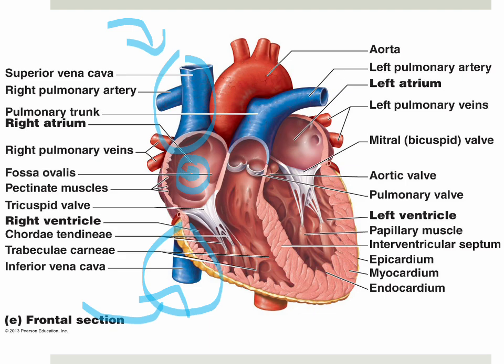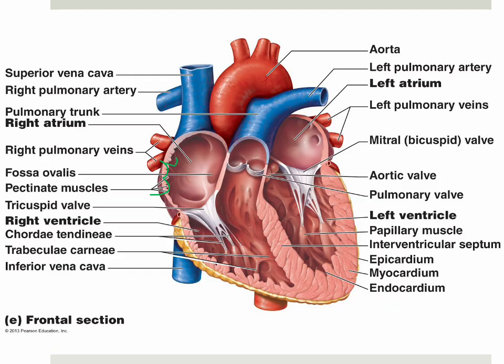the right atrium. Here we're going to see as well a few other structures. Here we're going to see the pectinate muscles in the wall of the right atrium. We also have a tricuspid valve, and we know it's tricuspid because it has three, right?